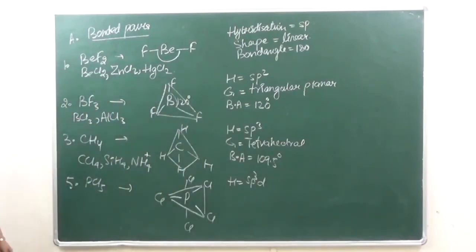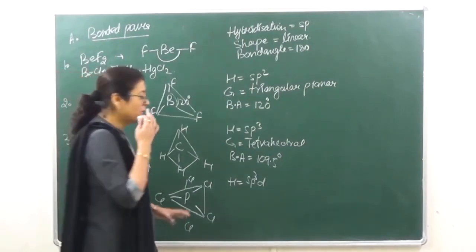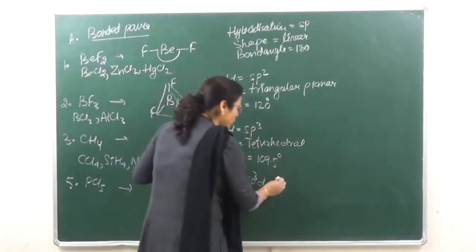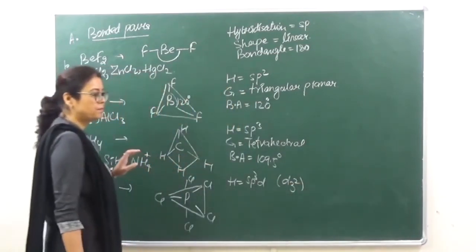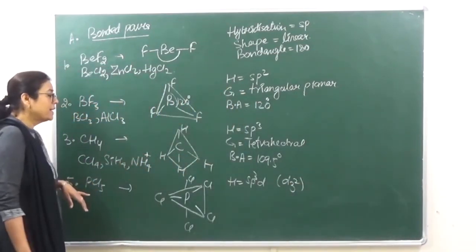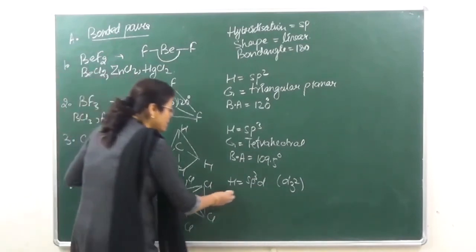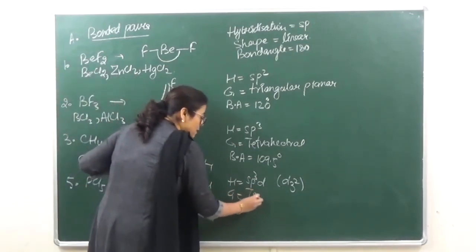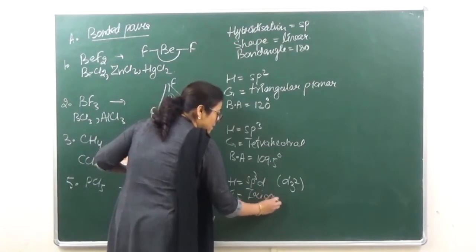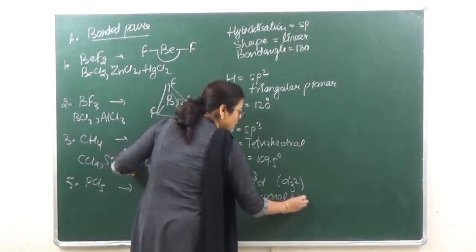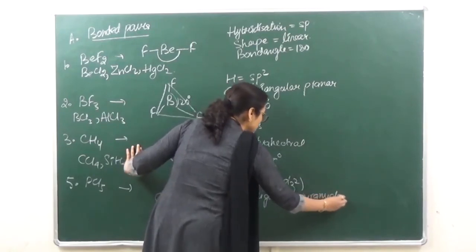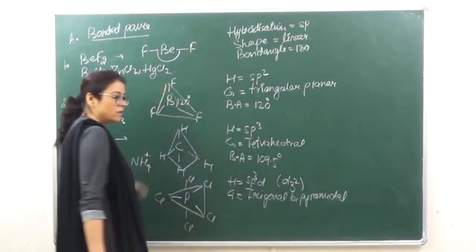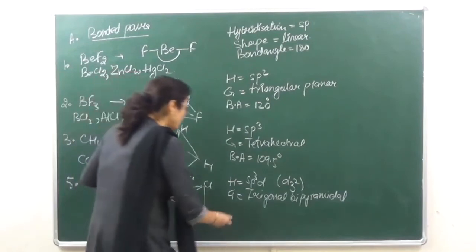Okay, so of the 5 d orbitals, the d which is participating over here is dz square, right? Then the geometry is trigonal bipyramidal.